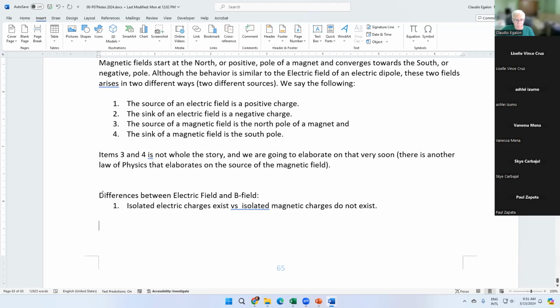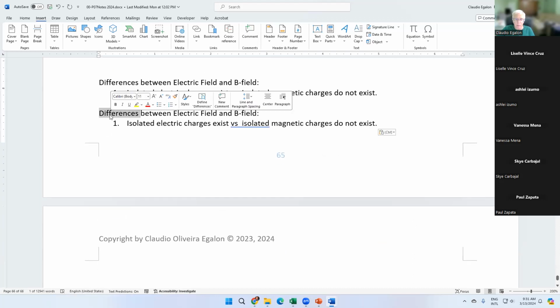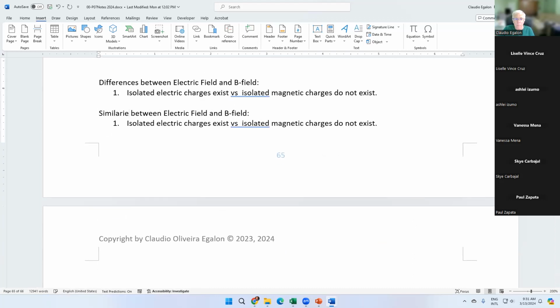Similarities between the electric and B fields. Two electric charges and two magnetic charges, there's a similarity.